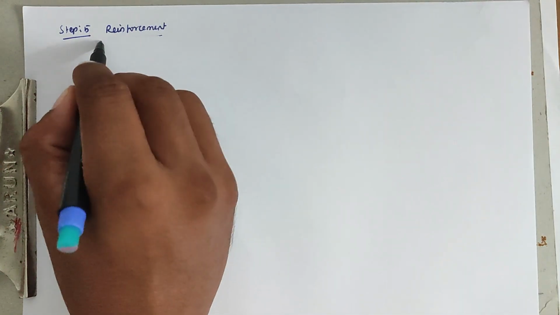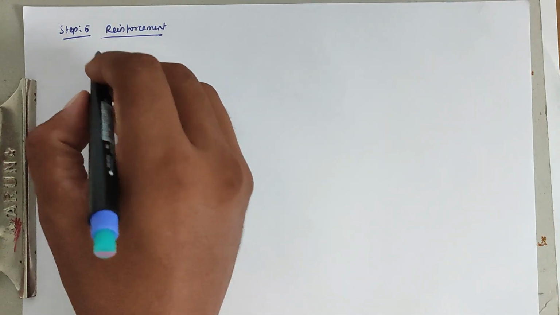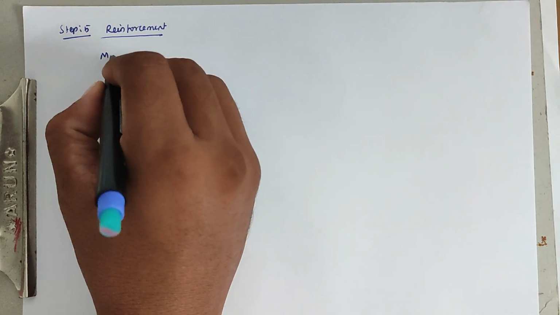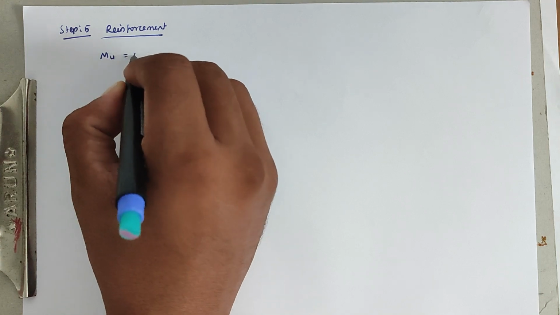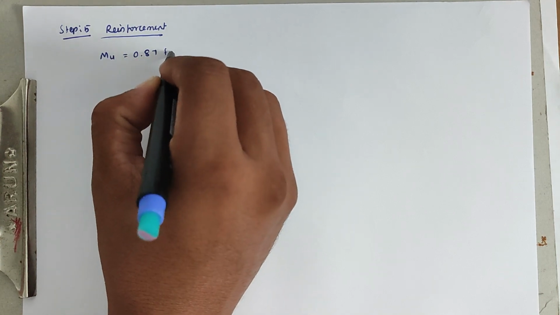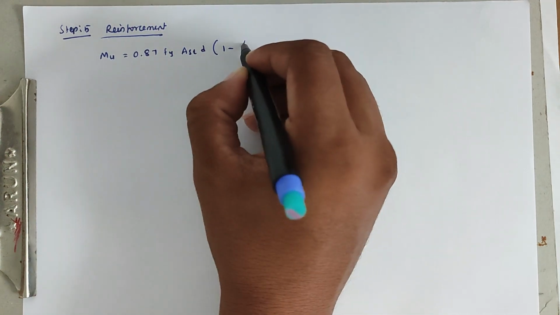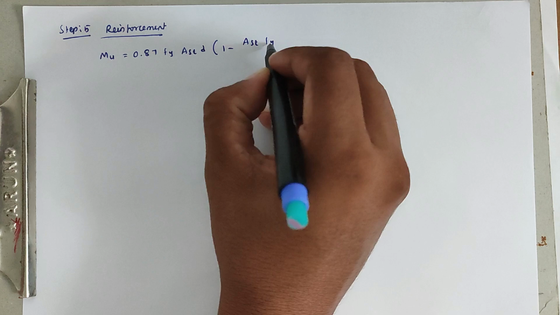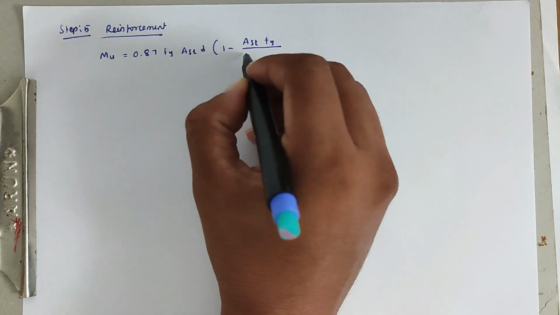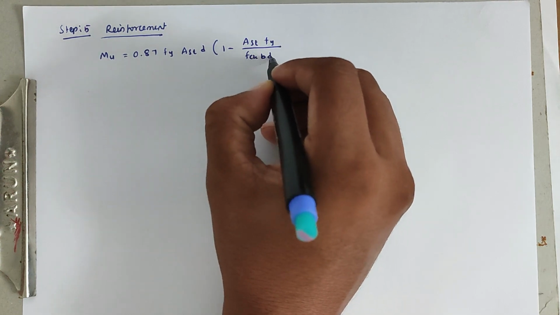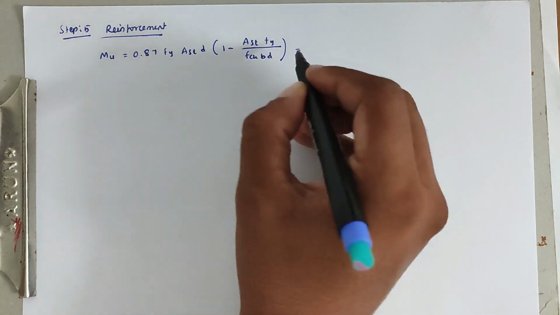Step 5, next step is calculate the reinforcement. MU equal to 0.87 Fy AST into D into 1 minus AST into Fy divided by FCK BD. This is the formula, so we substitute all the values.